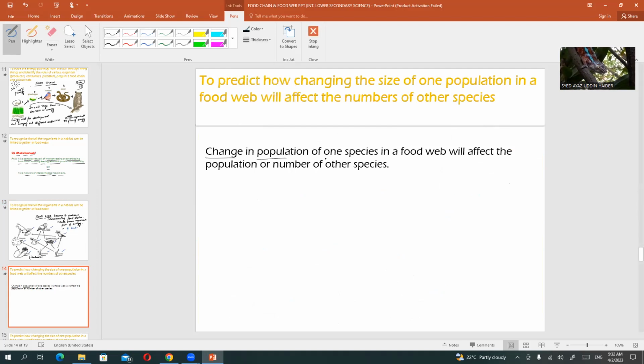A change in the population of one species in a food web will affect the population or number of other species.